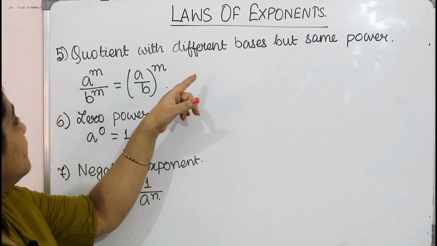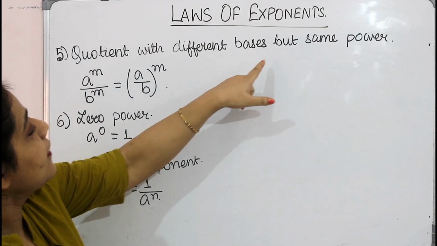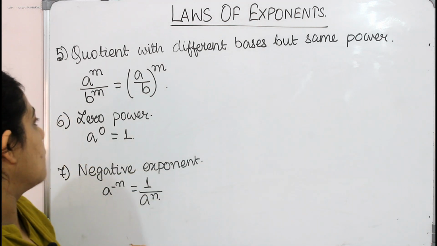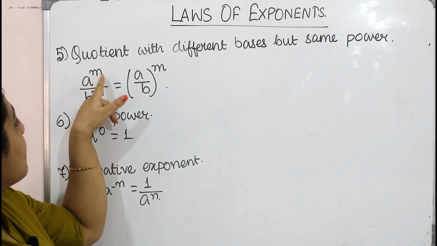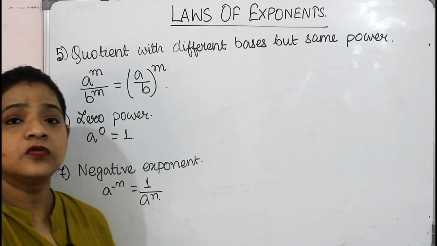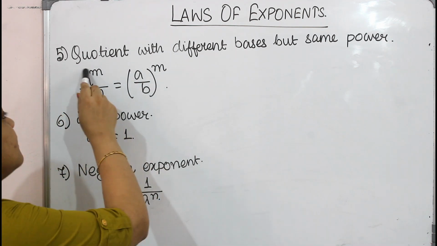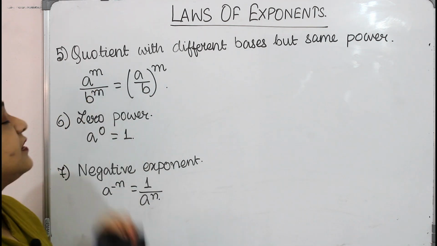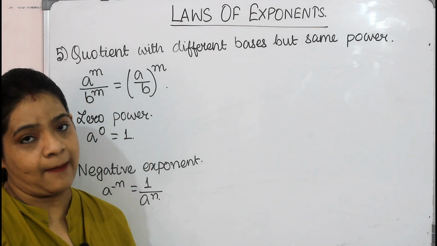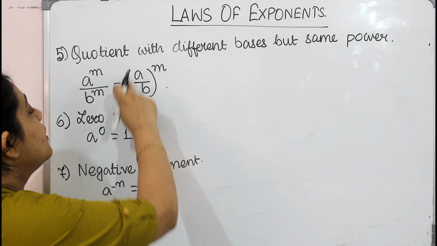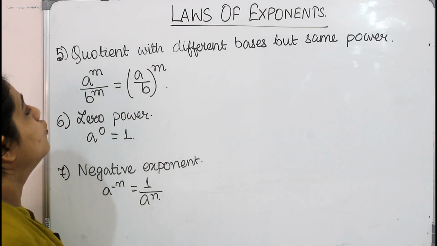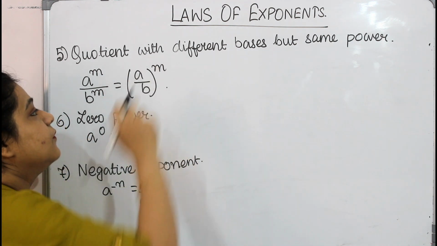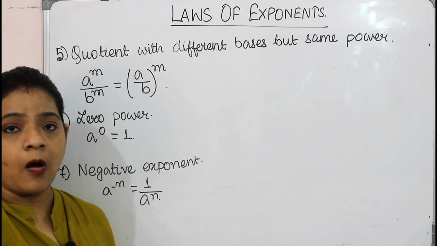The fifth rule is the quotient with different bases but the same power, that is a to the power of m divided by b to the power of m. a and b are different bases, but they have the same power m. It is very simple. You divide the two bases and take the power as common.